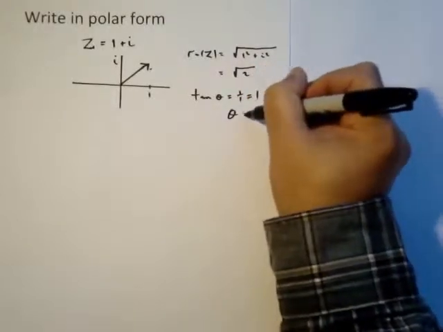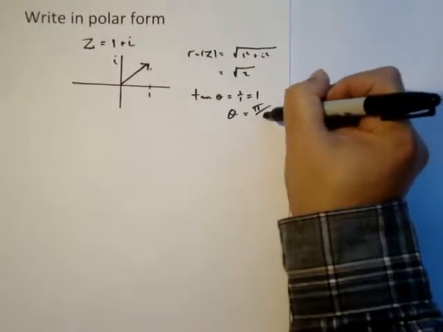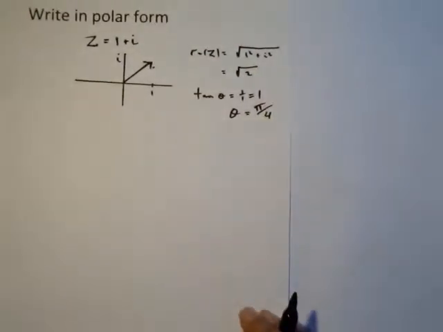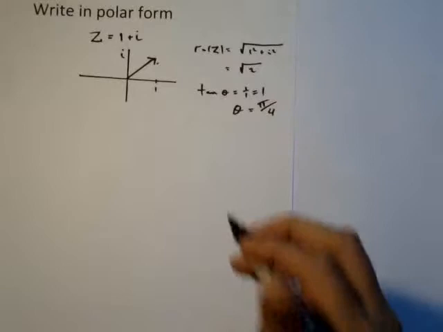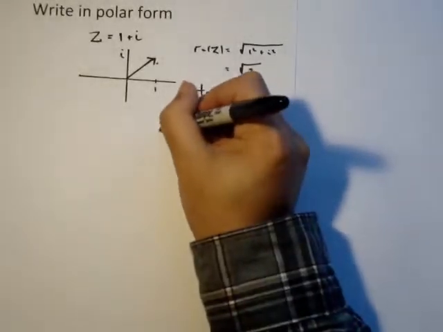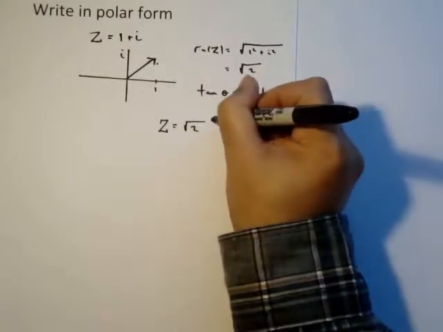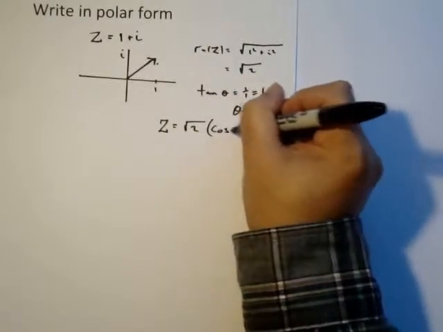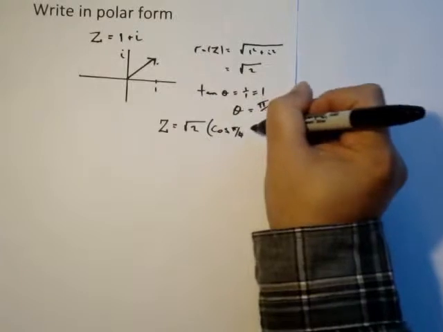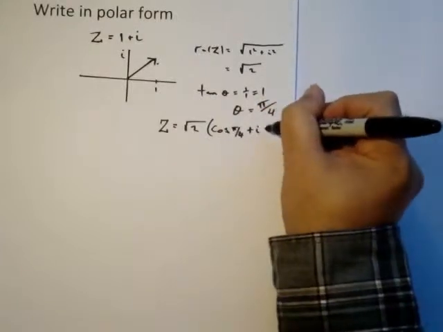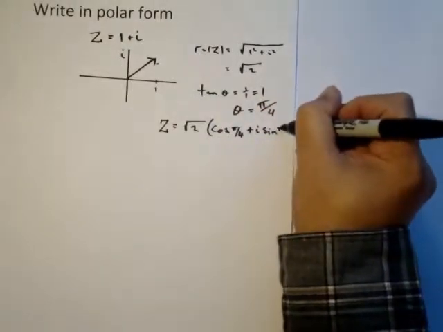So theta is pi over 4. So our polar form then for z equals square root of 2 cos pi over 4 plus i sine pi over 4.